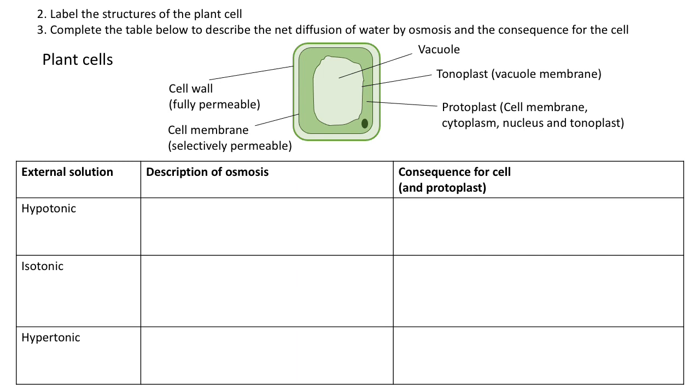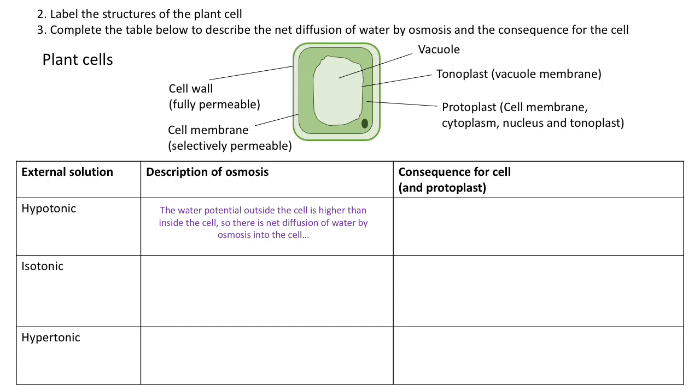Okay, so we'll start with hypotonic, so low solute concentration. That means it's got a less negative water potential. So your description should be this. So there is net diffusion of water by osmosis into the cell.